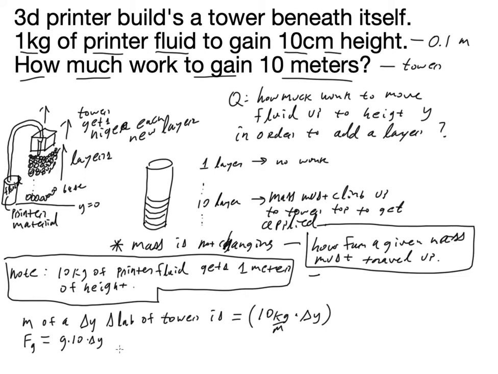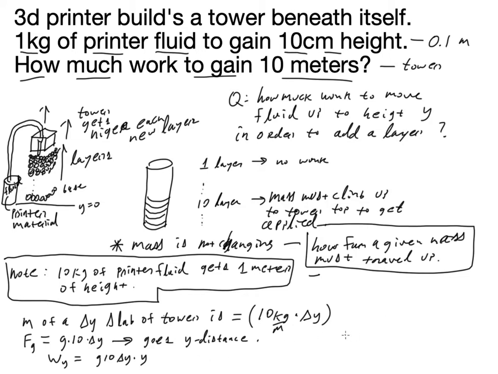Okay. Right, how far is it going to go? It goes y distance. To go one meter, you need 10 kilograms of this stuff. So what we're going to do is actually talk about the work to go y distance, which is going to be g times 10 times delta y times y, right?